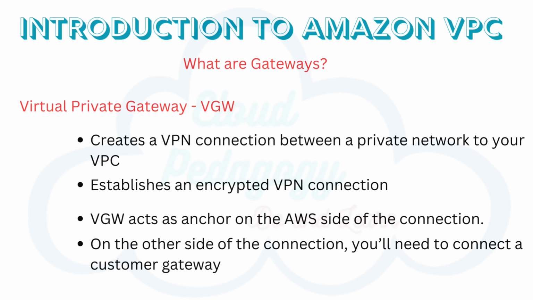On the other side of the connection, you will need to connect a customer gateway to the private network. A customer gateway device is a physical device or software application on your side of the connection. Once you have both gateways, you can then establish an encrypted VPN connection between the two sides. We won't be using a VGW for our application, but it's good to know anyway.